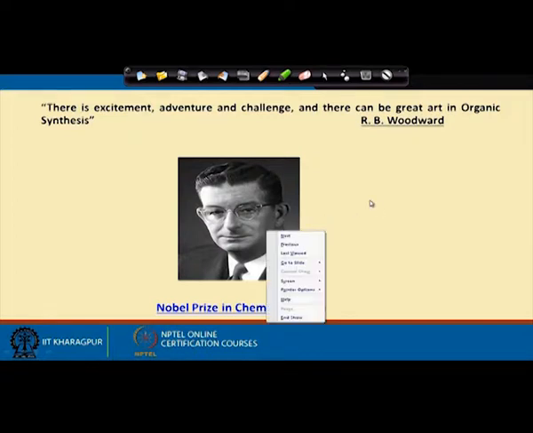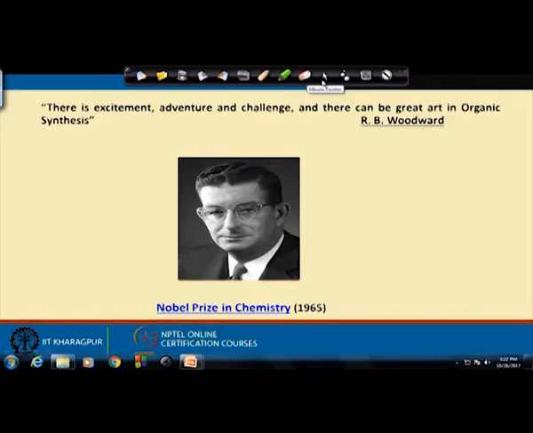Professor Robert B. Woodward was one of the great organic chemists, who won the Nobel Prize in chemistry in 1965, and he was one of the pioneers in this field of organic synthesis.